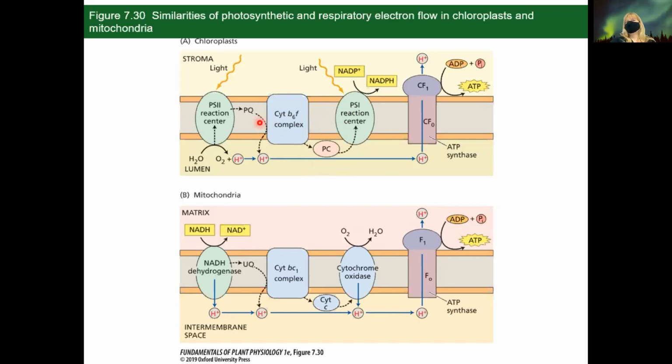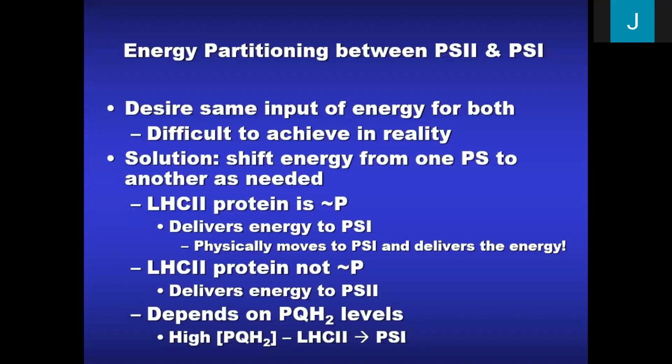Photosystem 2 is still doing its job, so it's making a lot of PQH2, but it can't do its job of delivering off an electron because photosystem 1 is slacking or not getting hit with enough light energy. Does that make sense? Okay.